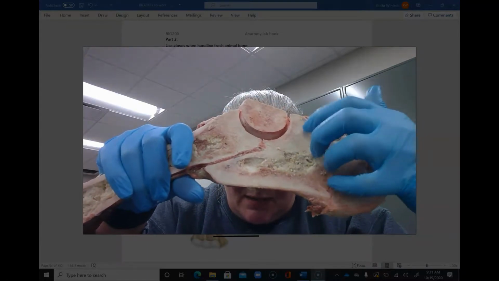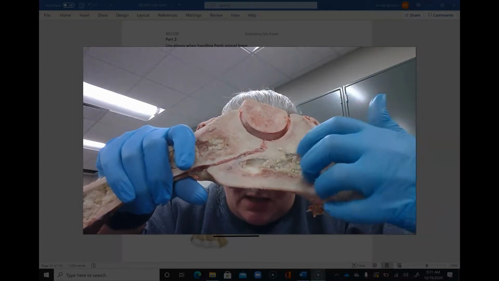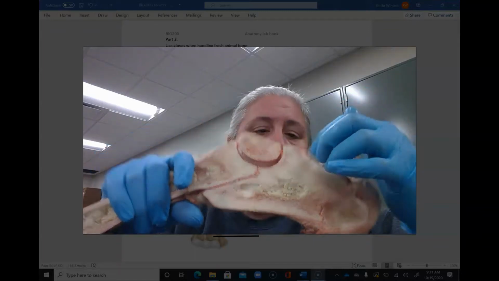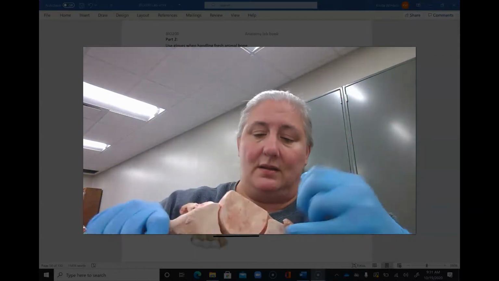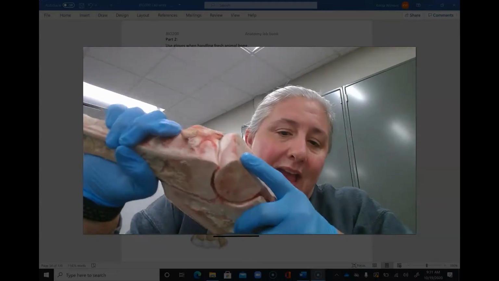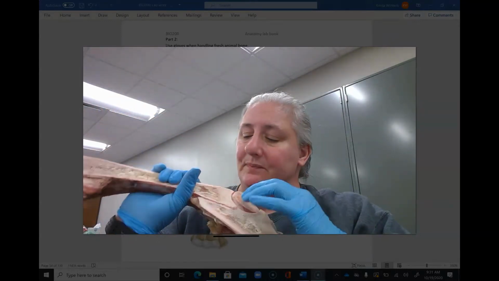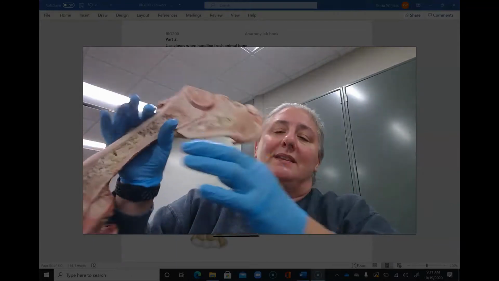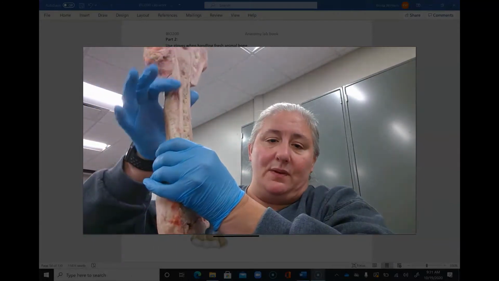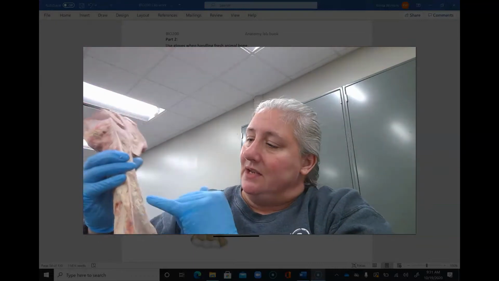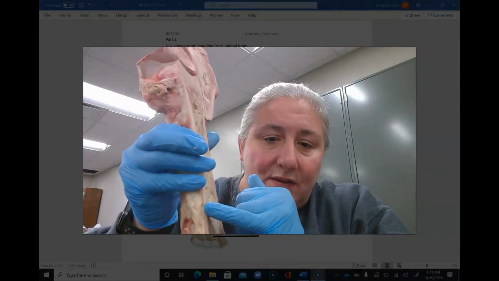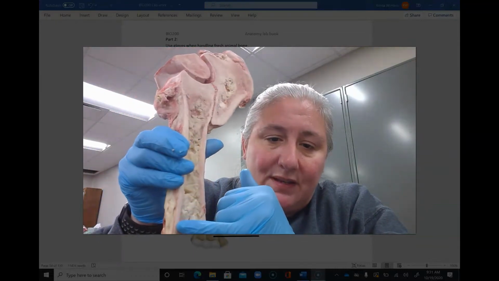So this area here is all spongy bone. Typically the area like the head is going to have some spongy bone in it. But the diaphysis, the length of the bone, is going to be all compact, so very thick. And you can see how smooth that bone right there is.